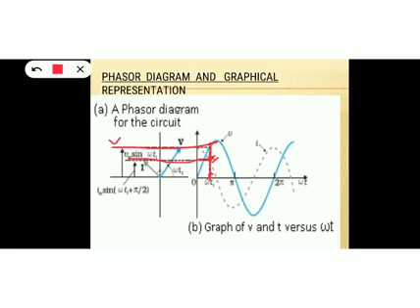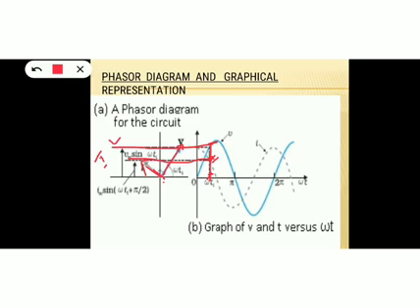And to draw the phasor of voltage, just draw a vector from origin to the voltage line, and this is the phasor for voltage. And we know here current leads the voltage, so current should be in this direction because this is the first quadrant, so current should come first. So if current is leading the voltage, then current should come first, and we should construct the phasor for current in this first quadrant.